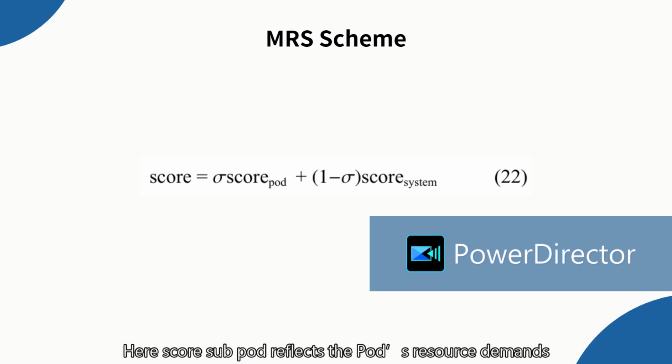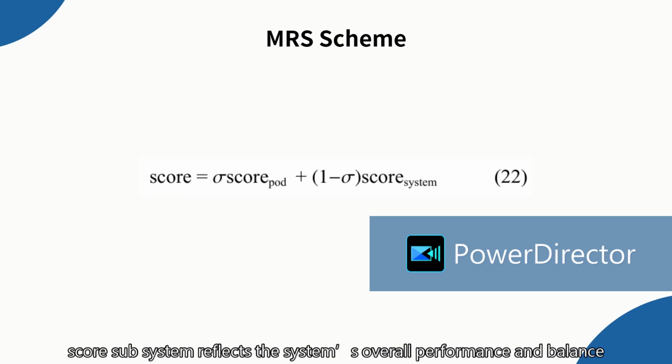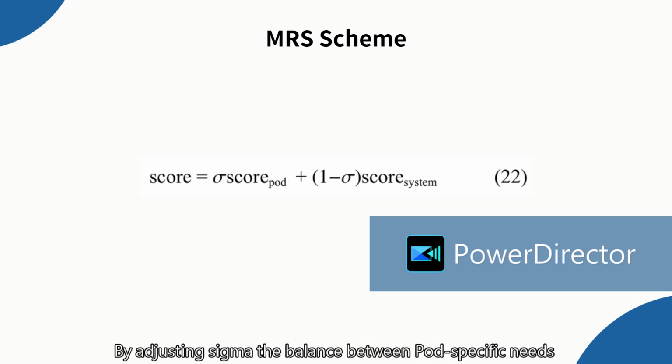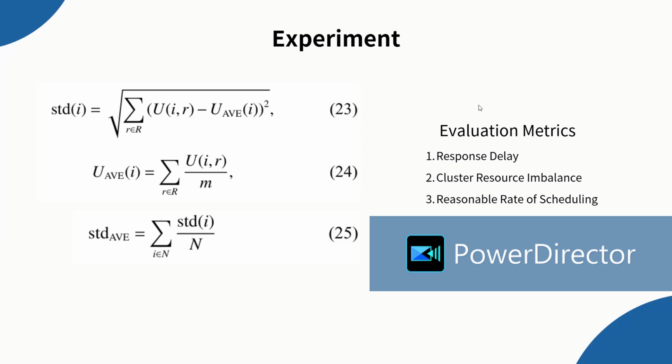Here score subpod reflects the pod's resource demands, score subsystem reflects the system's overall performance, and they are balanced by adjusting sigma. The balance between pod specific needs and the system efficiency can be tailored to the scenario. This ensures optimal scheduling for IoT environments.